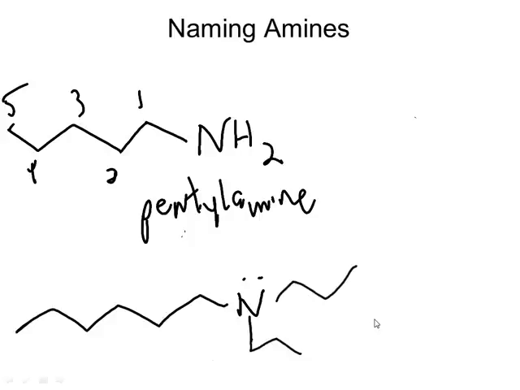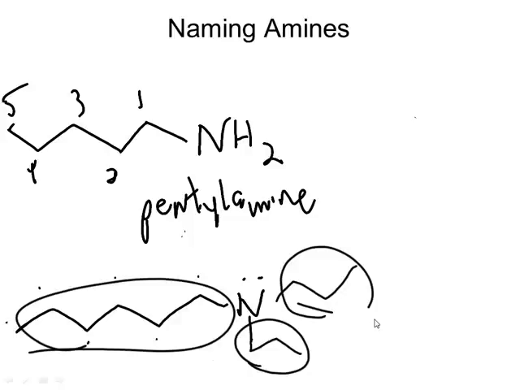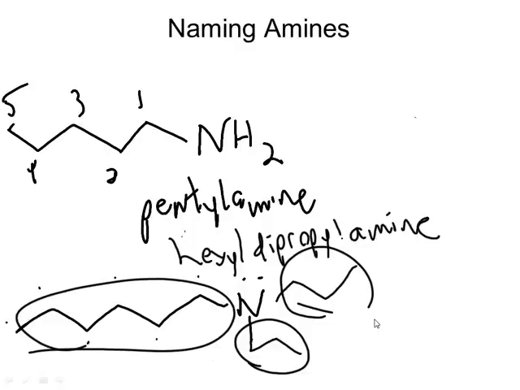We have a propyl group, and a 1, 2, 3, 4, 5, 6, a hexyl group. So we just put them in alphabetical order. This becomes hexyldipropylamine. It's as simple as that. Okay, hope that helps.